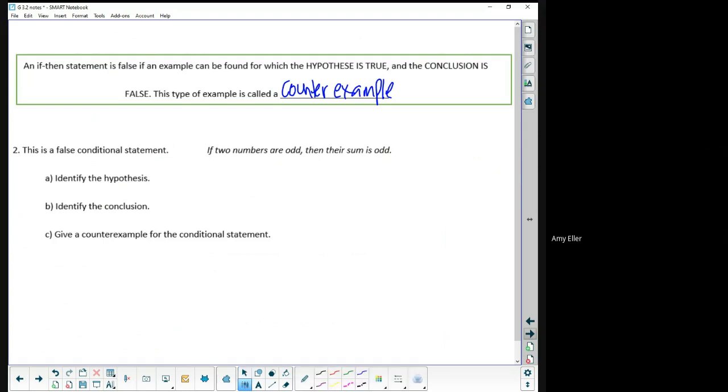This might help things make sense. Write this down. If you are in driver's ed, I guess that should be capital because driver's ed is a class. If you are in driver's ed, then you are a sophomore.